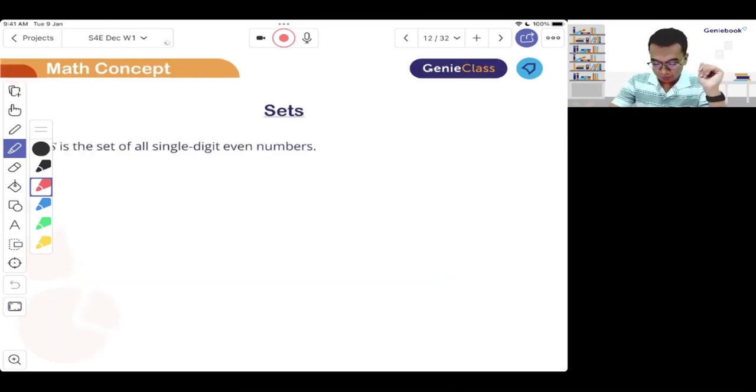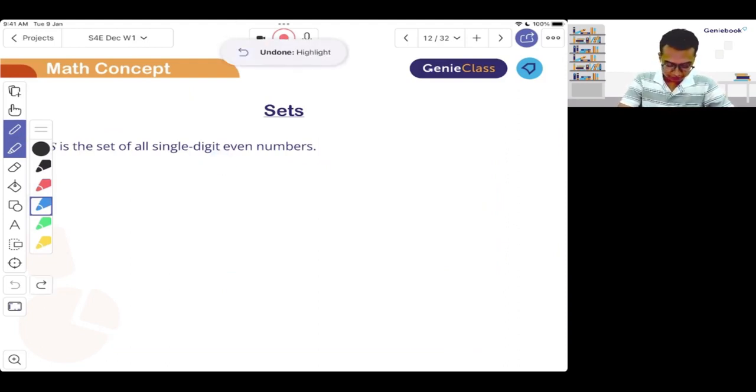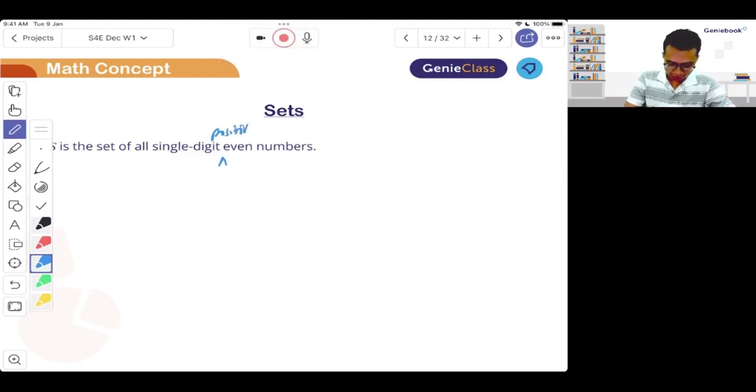Okay, now moving on. Let's say that set S is a set of all single digit even numbers. Let me add the word positive in as well: single digit positive even numbers.